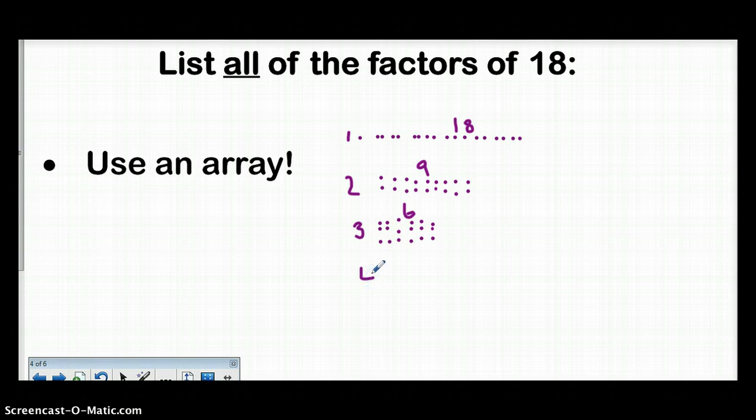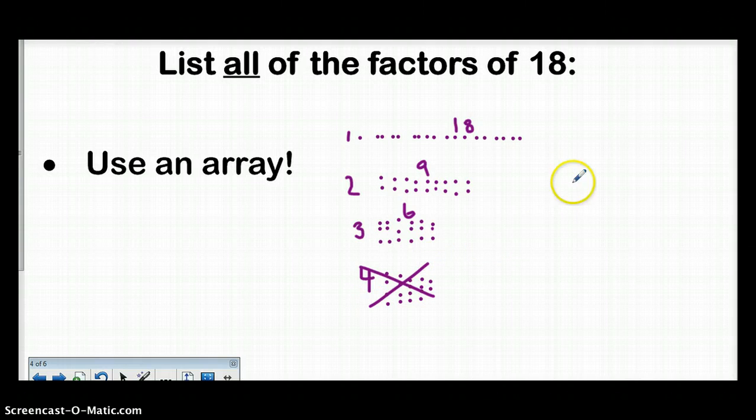Here's an example of one that doesn't work. We know that 4 is not a factor of 18. If I made an array of 4, 8, 12, 16, 17, 18, I can see that I did not make a perfect square or rectangle here.